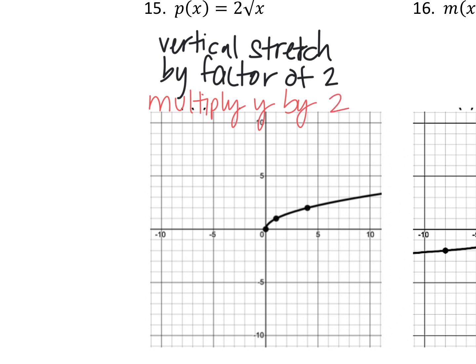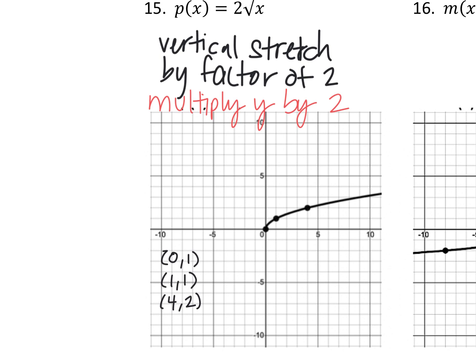So we're going to write down the points that we see, and then multiply them to get some new points. If my original points are at 0, 0, I'm sorry about the grid lines, 1, 1, and 4, 2.